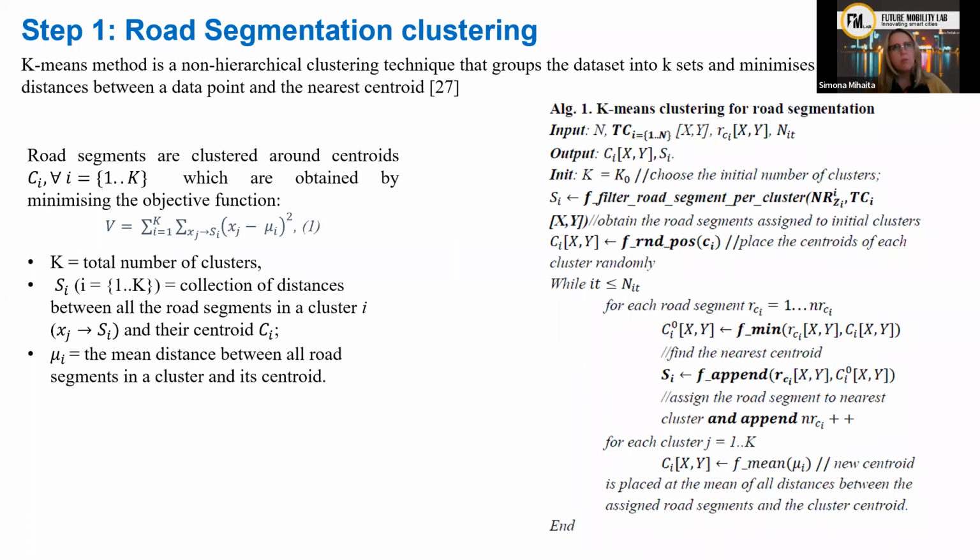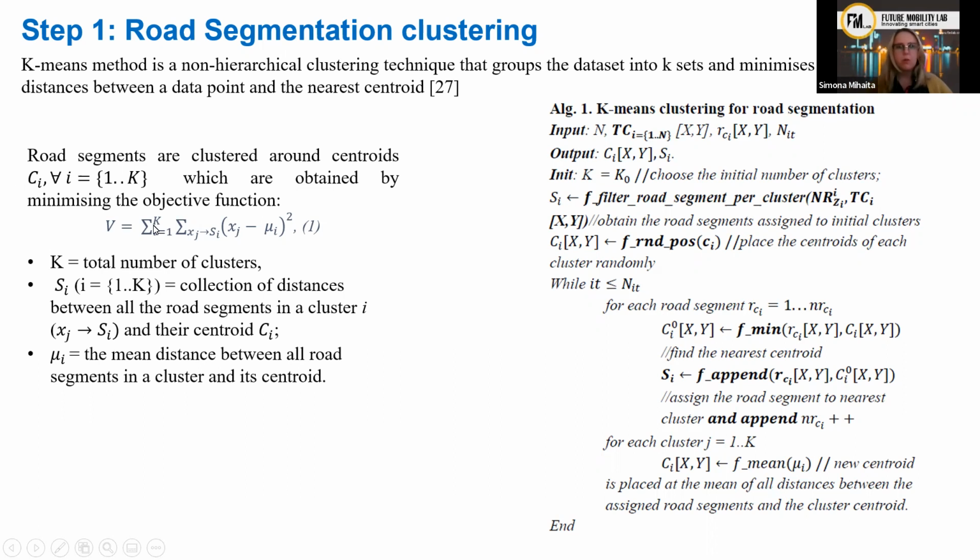So usually K-means is used to group various specific sets of points. In our case, we replace the points by road segments. So instead of clustering points, we're clustering road segments. The clustering is done around a centroid.